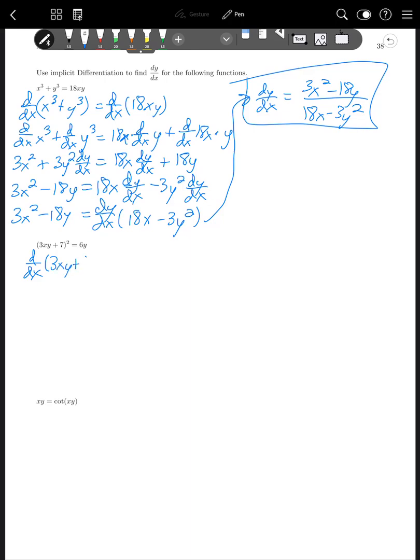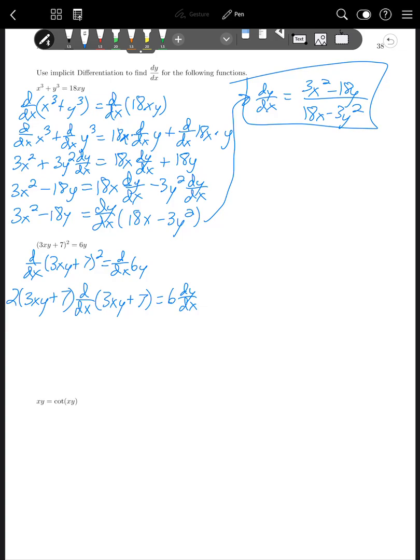Take the derivative of both sides. Left side, use the chain rule. So it's 2 times 3xy plus 7 times the derivative of 3xy plus 7 equals, the derivative of 6y is 6 dy dx.